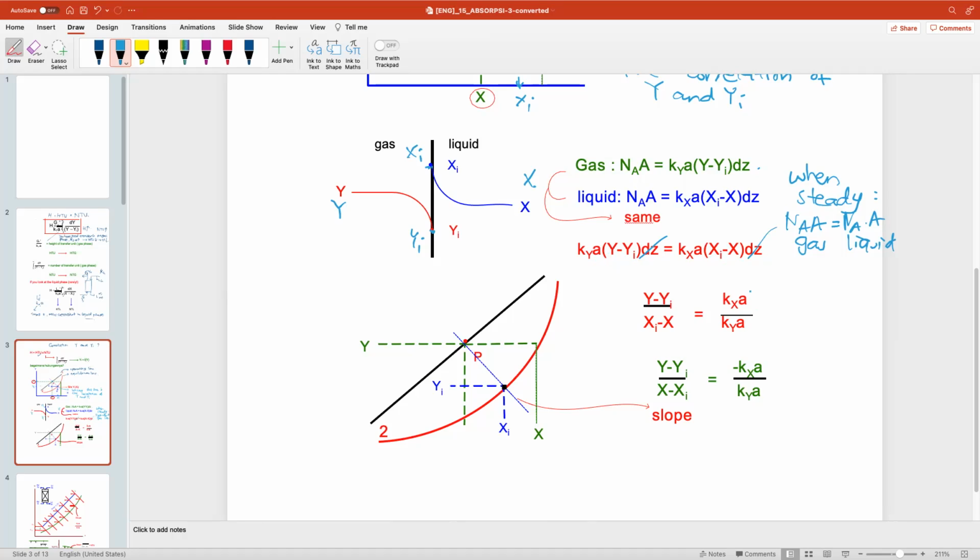Why don't we cancel out this one? Because usually the vendor always writes it as kxa or kya, so we don't need to cancel out the a over here. This is like one package. Okay, and this one becomes y minus yi, divided by xi minus x. Okay, so this is number one.